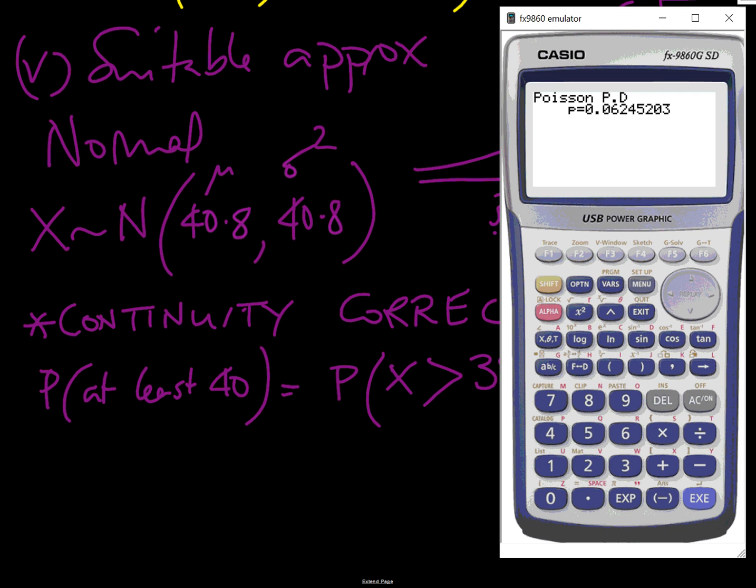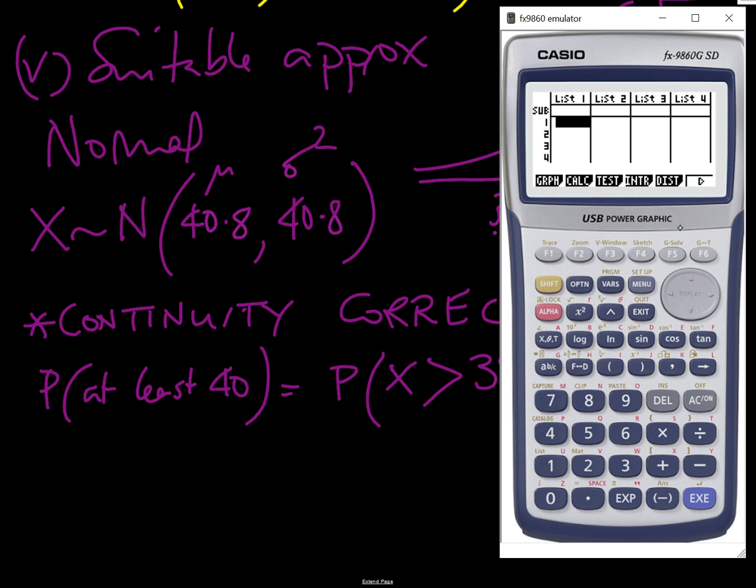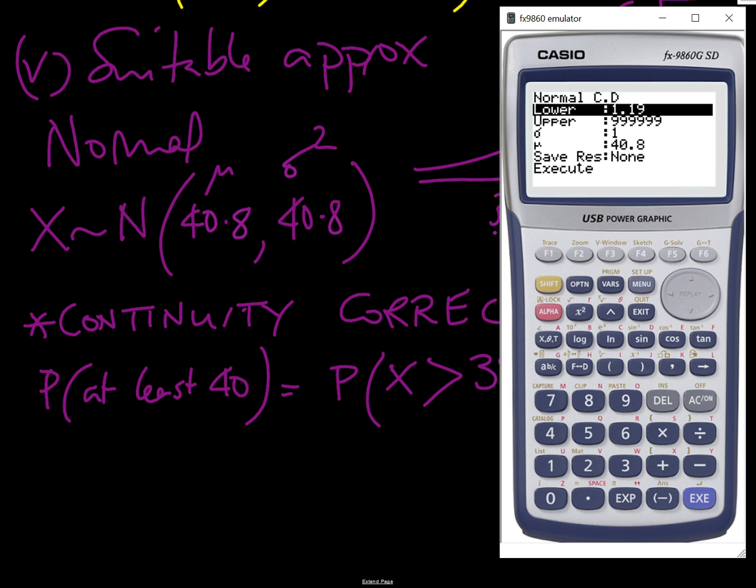So let's get our calculator onto the screen, exit up to the menu with the distributions. We're now interested in a normal distribution, NCD. What's our first item? Our lower bound is 39.5. Our upper bound is 99999, we just want to put a very large number.